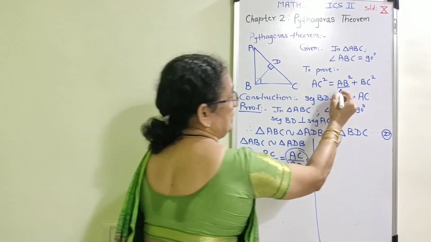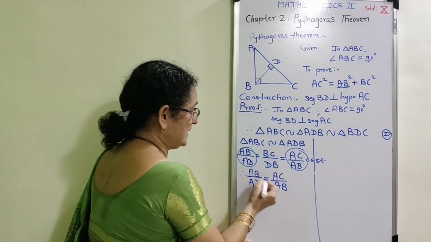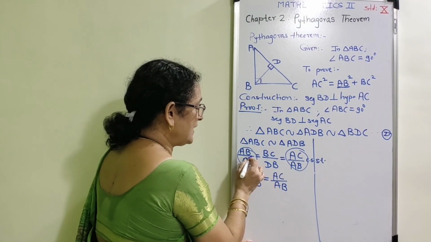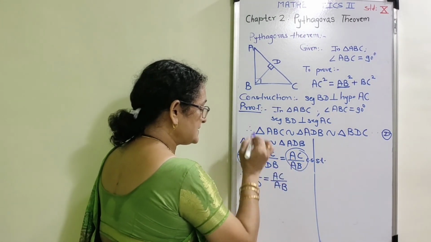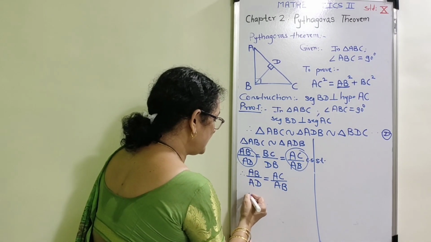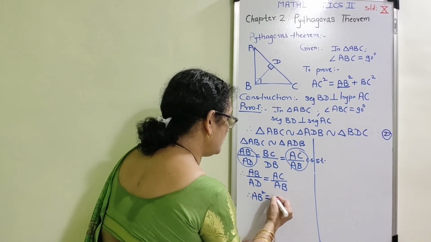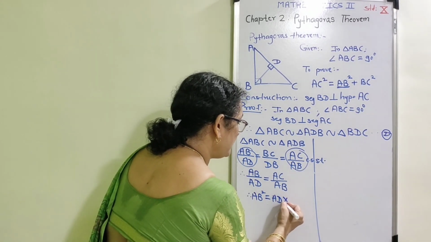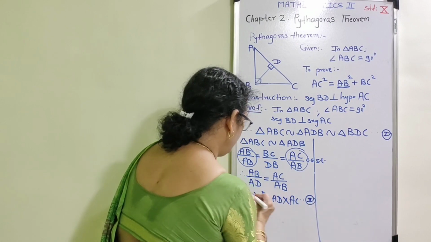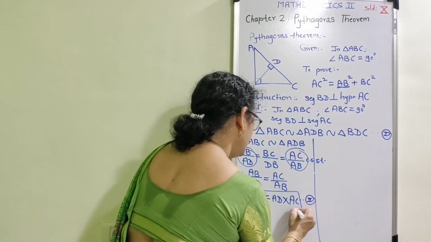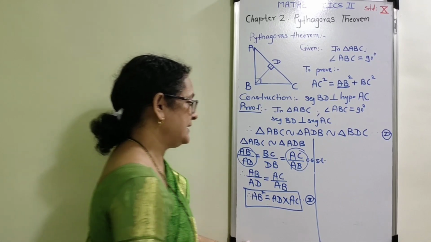Cross multiplying, I will get AB square is equal to AD multiplied by AC. This is my statement number 2. Please remember this: AB square is equal to AD into AC.